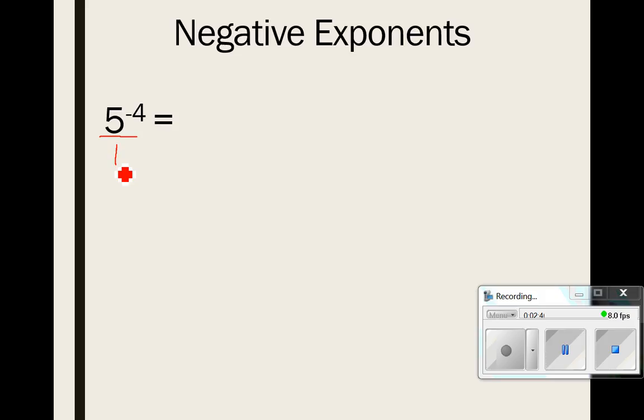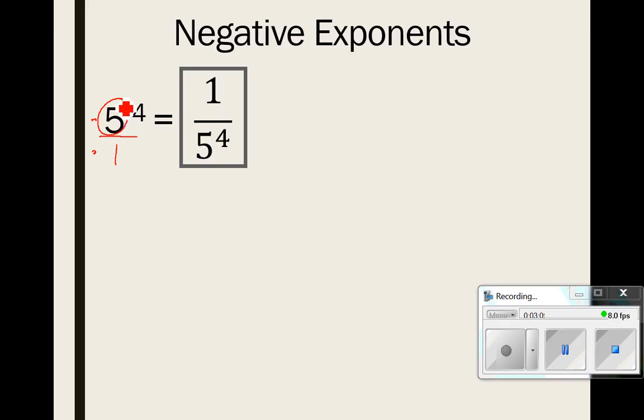If you have a negative attitude, you need to go away. The only places you can be are upstairs or downstairs, and because they're already upstairs, I'm going to move them downstairs. So they become 1 over 5 to the positive fourth, because when you move them, the exponent becomes positive. And notice the 5 stayed the same.